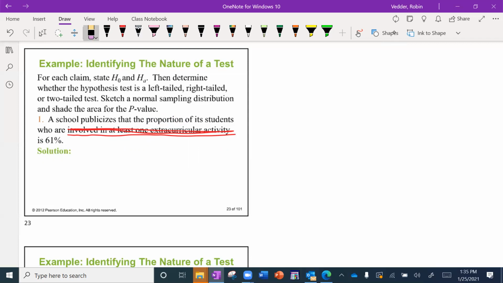Sketch a normal sampling distribution and shade the area for the p-value. A school publicizes that the proportion of its students who are involved in at least one extracurricular activity is 61%. What do you think I crossed out?